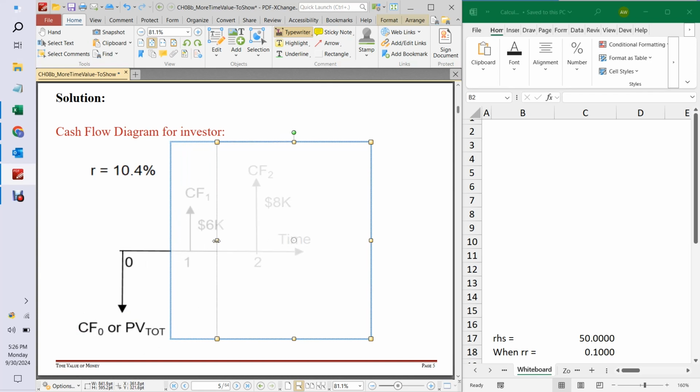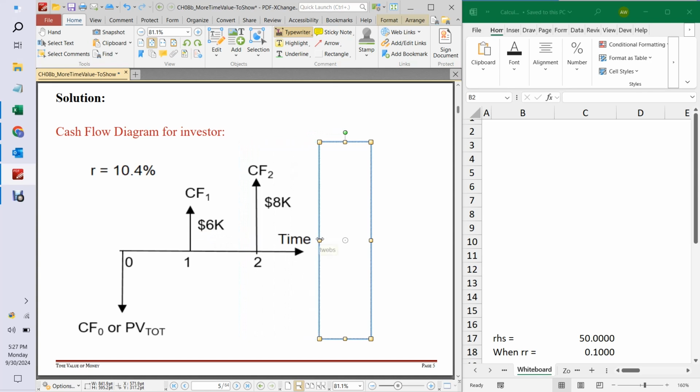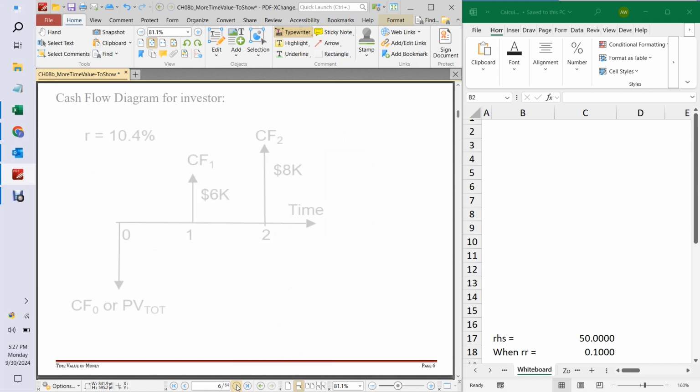And then this contract says that for the total amount the investor puts in down here, she's going to get back $6,000 in 1 year, and then a year later she's going to get $8,000 back. So that's the situation graphically that we've got for her.